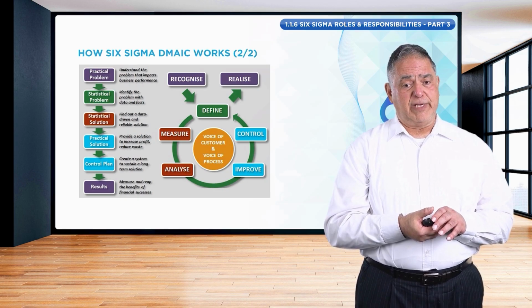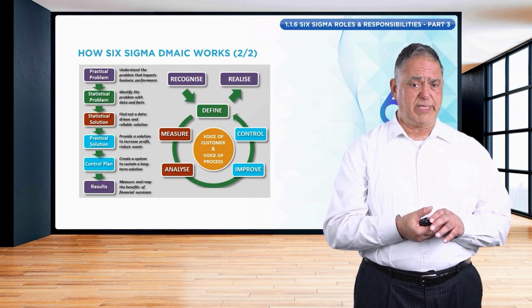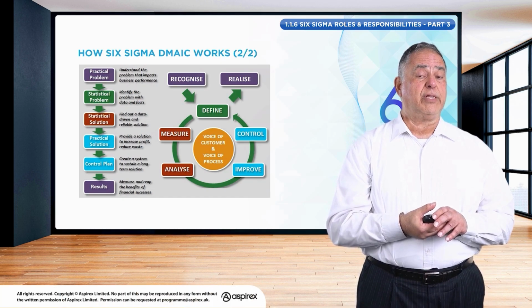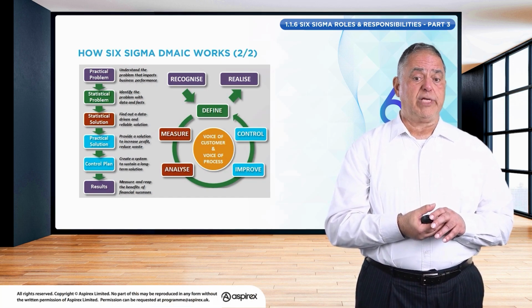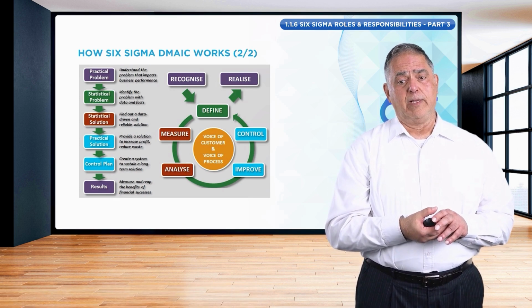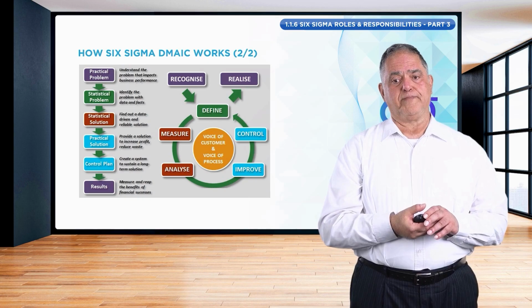During the analyze phase, we analyze the data that we collected during the measure phase, and we try to find the root causes associated with each form of process waste. So we create a list of validated root causes.